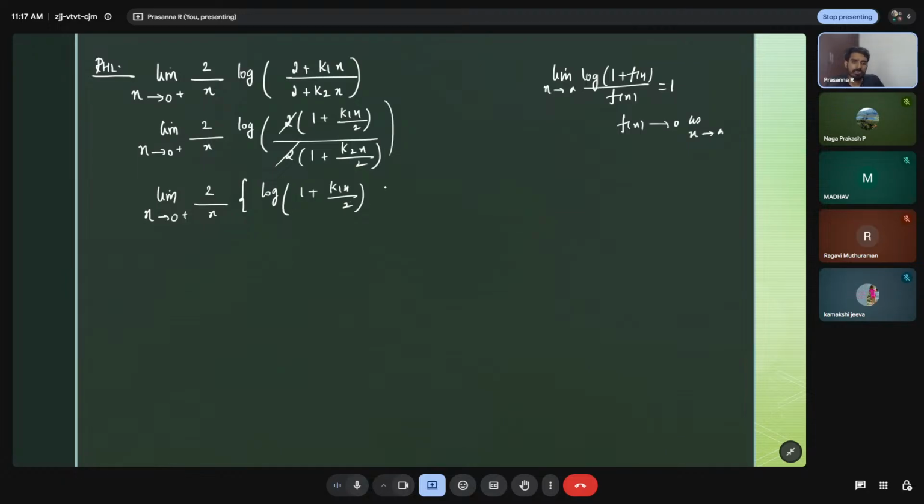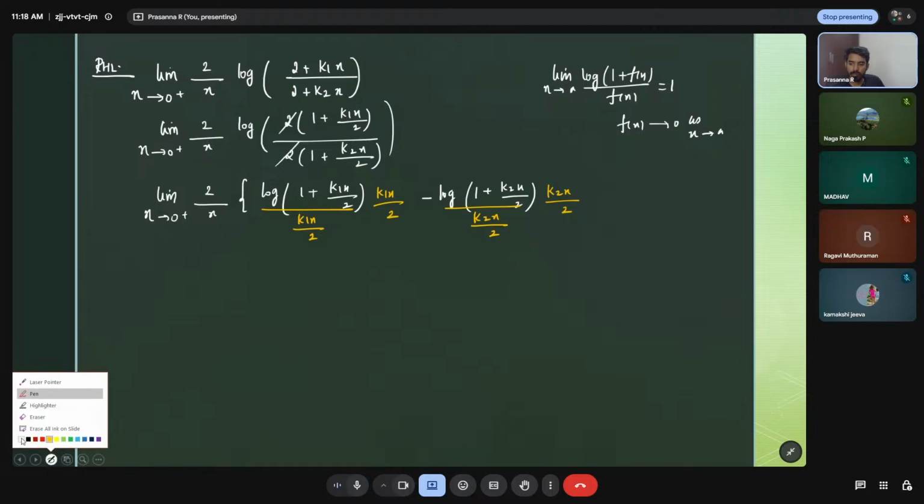So log(1 + f of x), where my f of x is k1x/2, so you multiply and divide by k1x/2. Here f of x is k1x/2, which tends to 0 when x tends to 0. Then minus log(1 + k2x/2), so we multiply and divide by k2x/2.